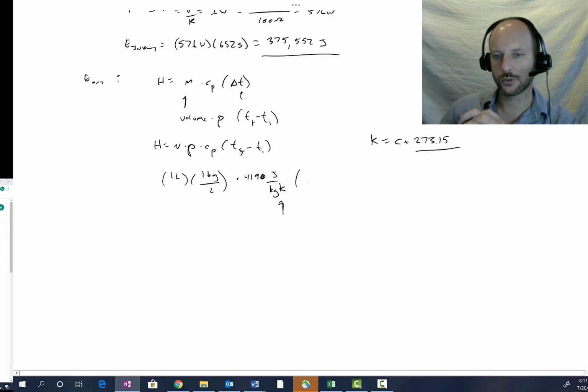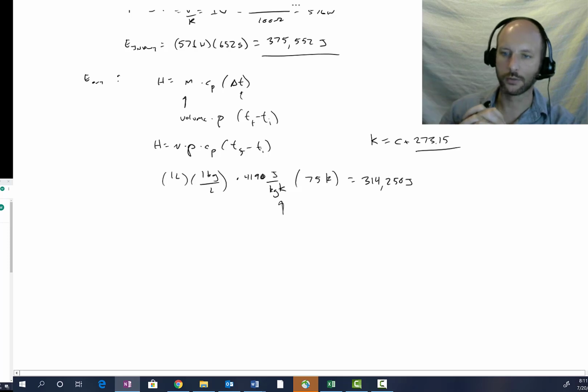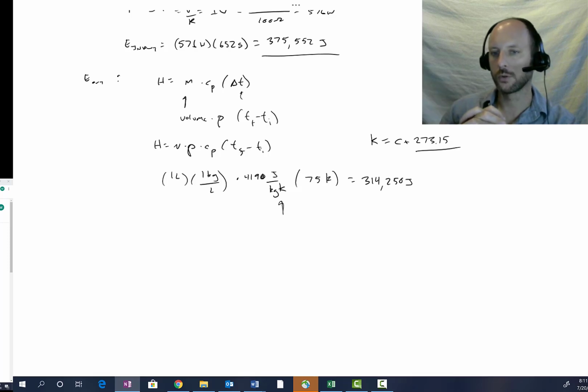The absolute temperatures are different, but the difference is the same. So 90 degrees minus 15 degrees is 75 degrees Celsius. That's also 75 K. Now don't think that 75 K and 75 Celsius are the same. They're not. This only works because it's a difference calculation.